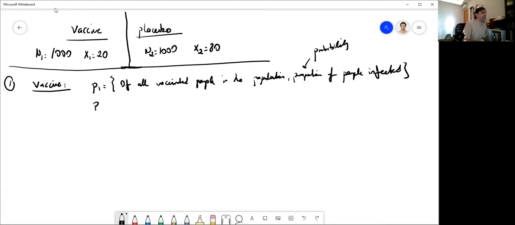And P2 is going to be related with this placebo here. Actually, the reason why we give placebo is so that it's going to correspond to the no effect case. So this means, of all non-vaccinated people in the population, the proportion of the people infected. So again, we do not probably know. Well, actually, this is probably what's going on nowadays.